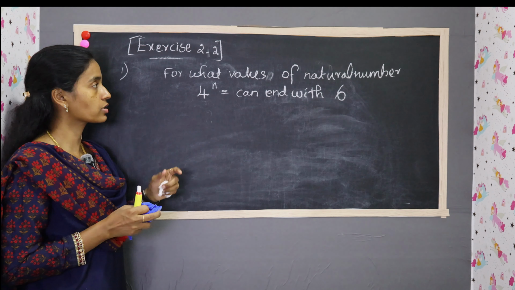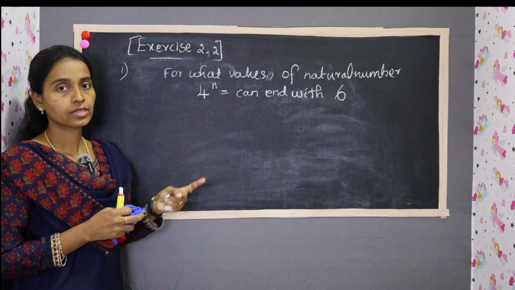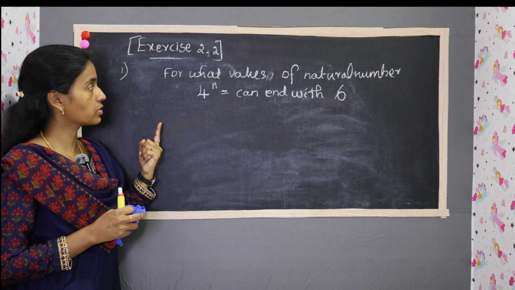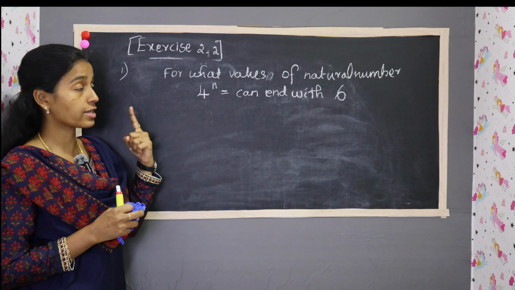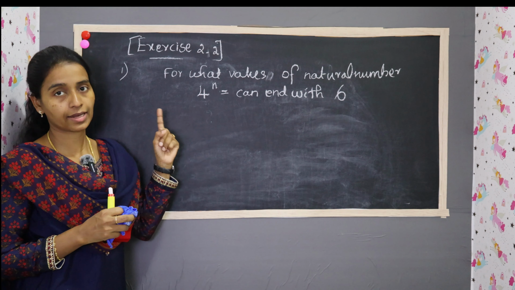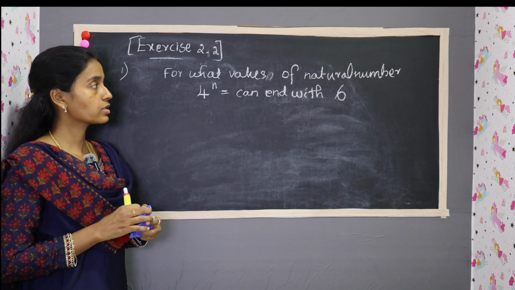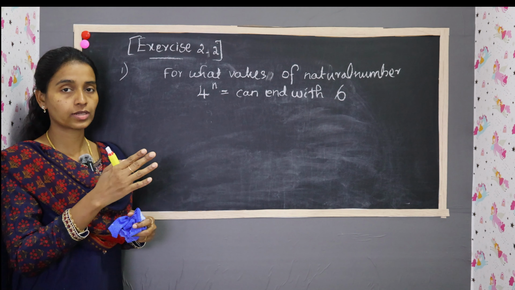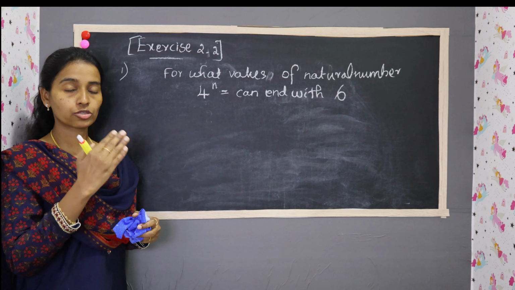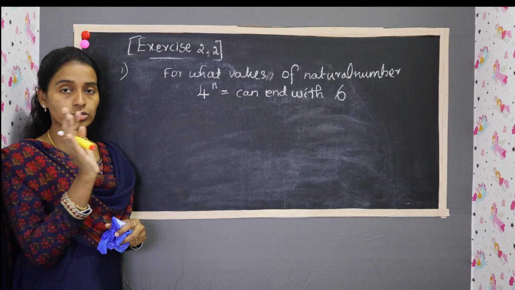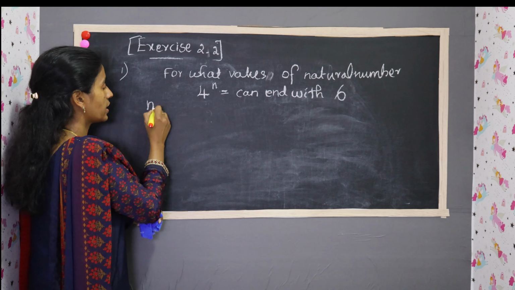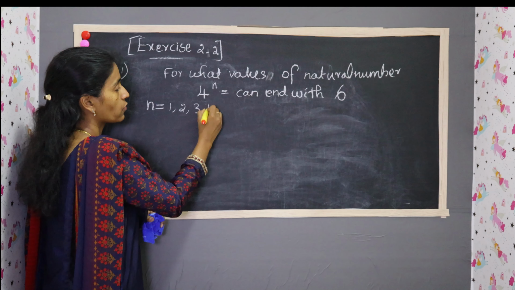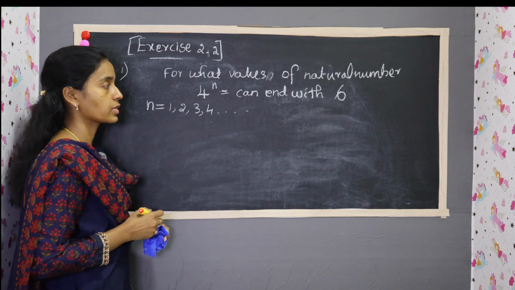What is given in the question? 4 power n. For what values of natural numbers can 4 power n end with 6? The natural numbers start from 1, 2, 3, 4 and go on. So I'm taking n equals 1, 2, 3, 4 and so on.